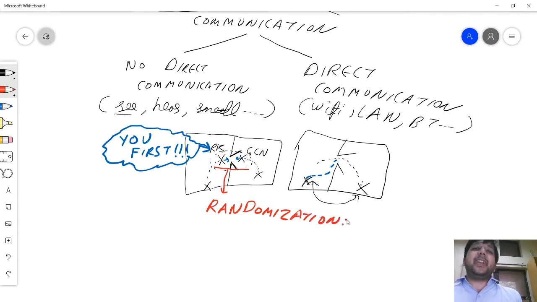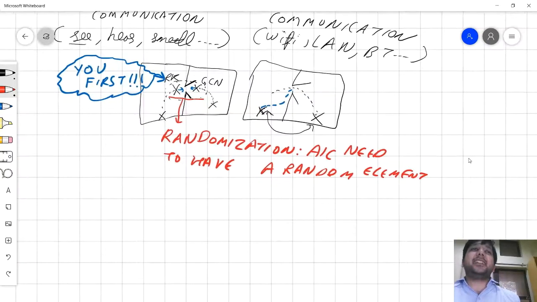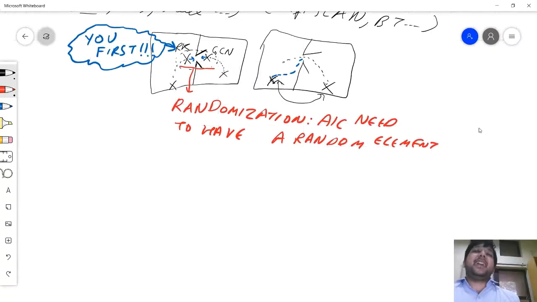It says many times for situations like this, your actions need to have a random element. And that is one of the most important things in AI, that sometimes you really need to act randomly.